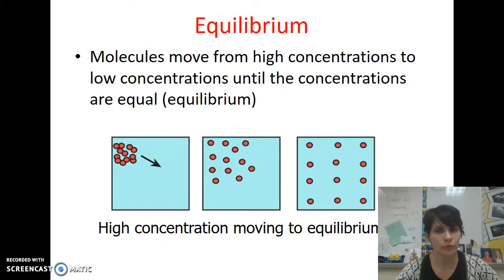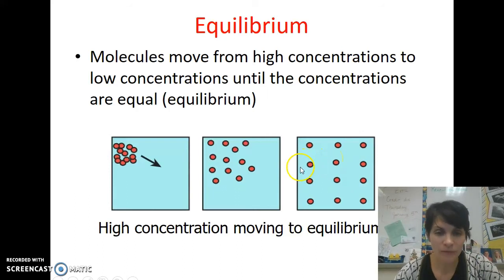Some of you, you know who you are. Yes, I'm talking to you. You spray way too much. Other people can smell it because of diffusion. Those gas molecules spread throughout the room. That's equilibrium, where all the molecules are equal in the room.